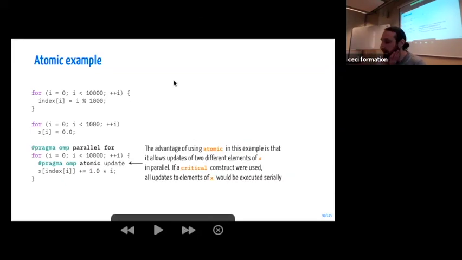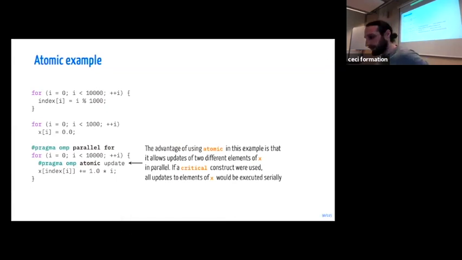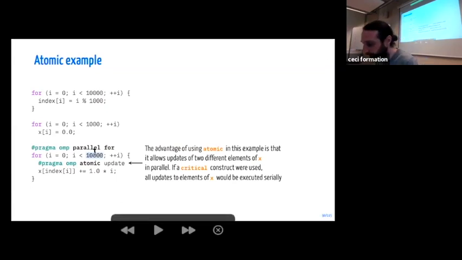So here is another example where we create an array of indices, going from 0 to 1999. And then we use this array of indices to update another array, which is X. And we use an atomic update in this case to avoid any data race, because we are running from 0 to 10,000 in this case, but the indices that we would use are going from 0 to 1000.